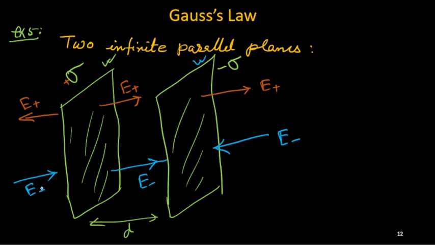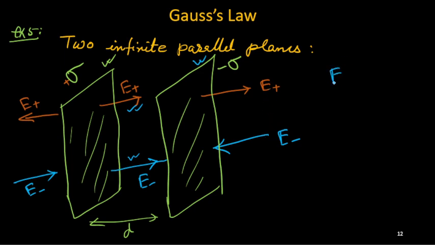Suppose both the plates are present. Then we can add these two together. Now what is happening? Inside, between the plates, these two have the same direction, so they are additive. But outside, E plus and E minus are in opposite directions. Here also, E plus and E minus, opposite directions.